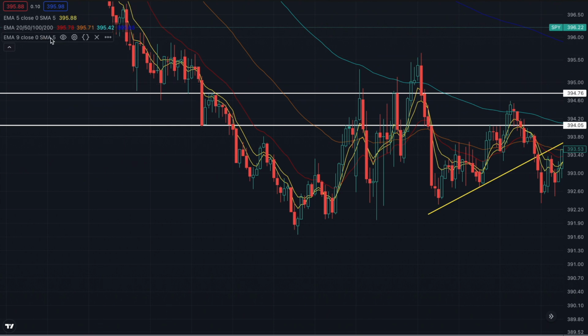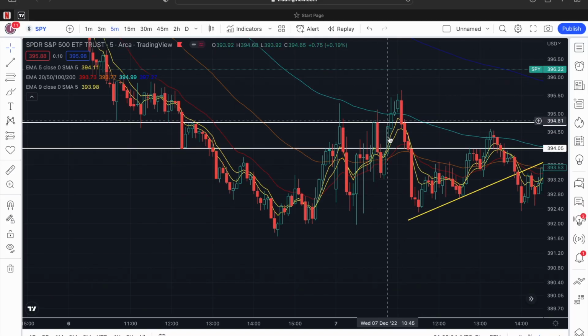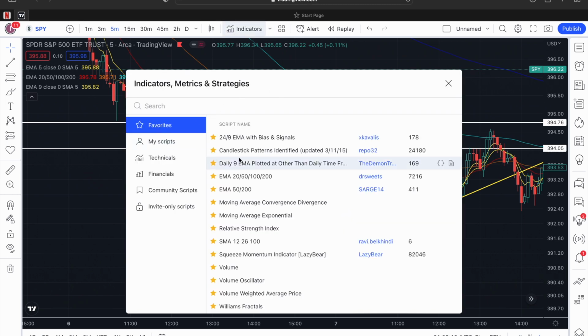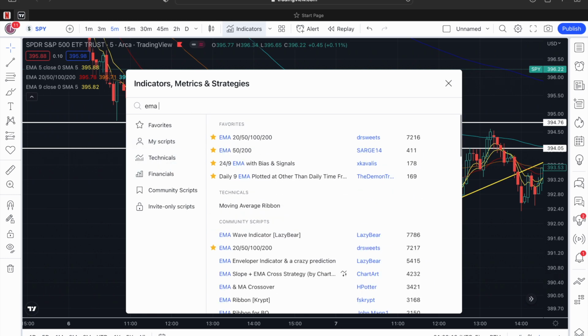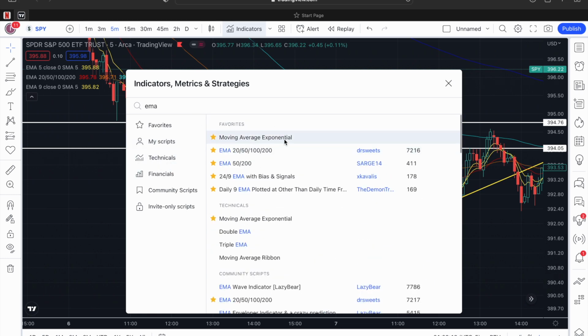But yeah, if you want to add these indicators, just go to indicators up here on tradingview.com. This is the platform that I use. I have these favorited, but I just search up EMA, and then moving average exponential will pop up.